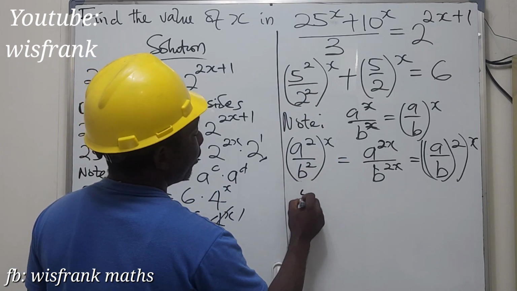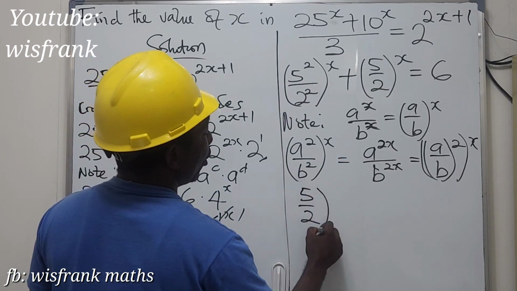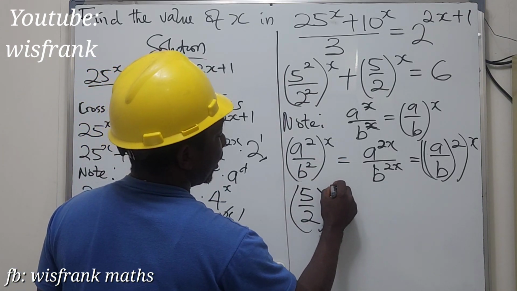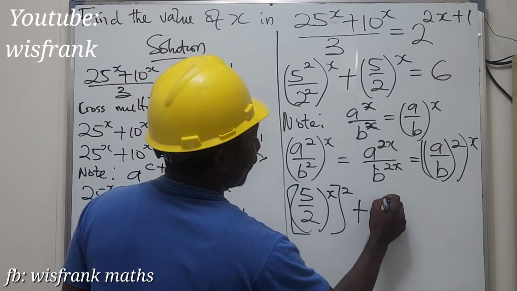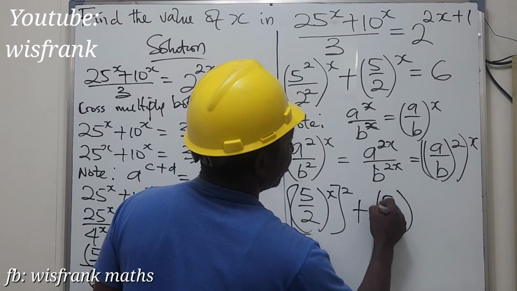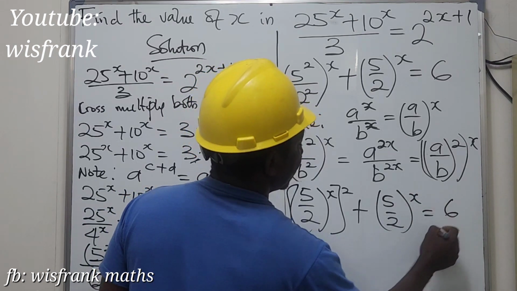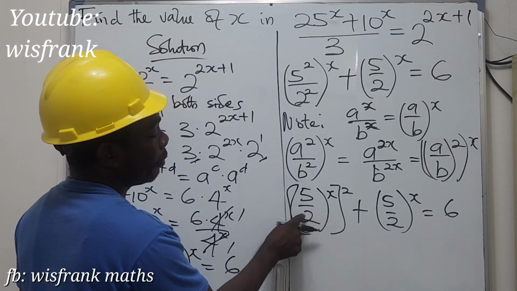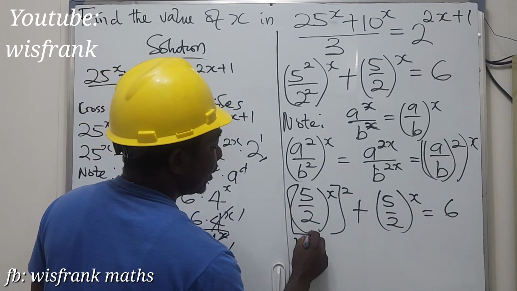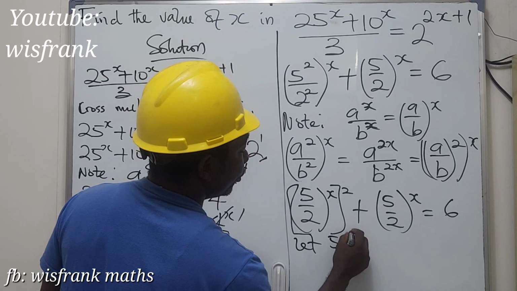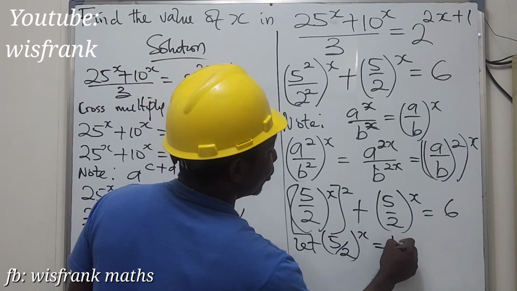This will become 5 all over 2 all to the power of x, then raised to the power of 2, plus 5 all over 2 all to the power of x equals 6. In this case, we have 5 all over 2 to the power of x repeated, so we say let 5 all over 2 to the power of x equal y.